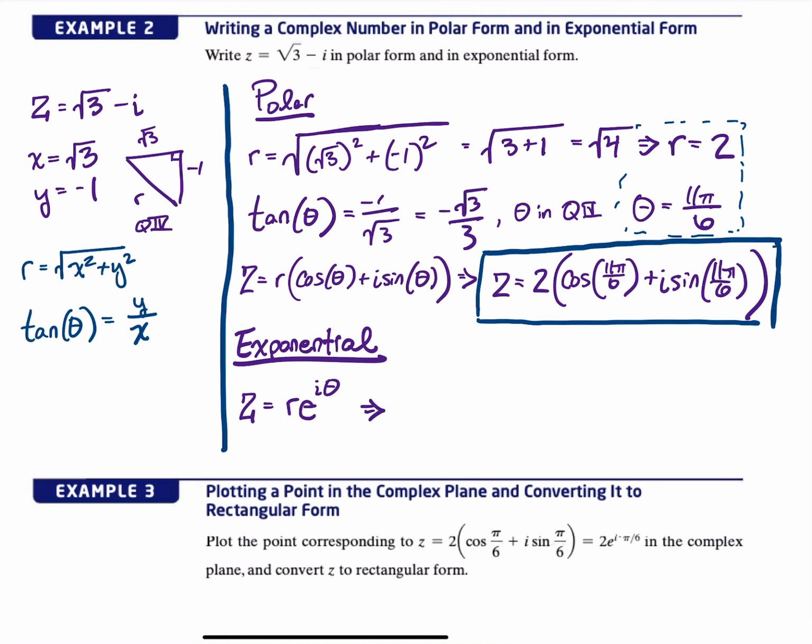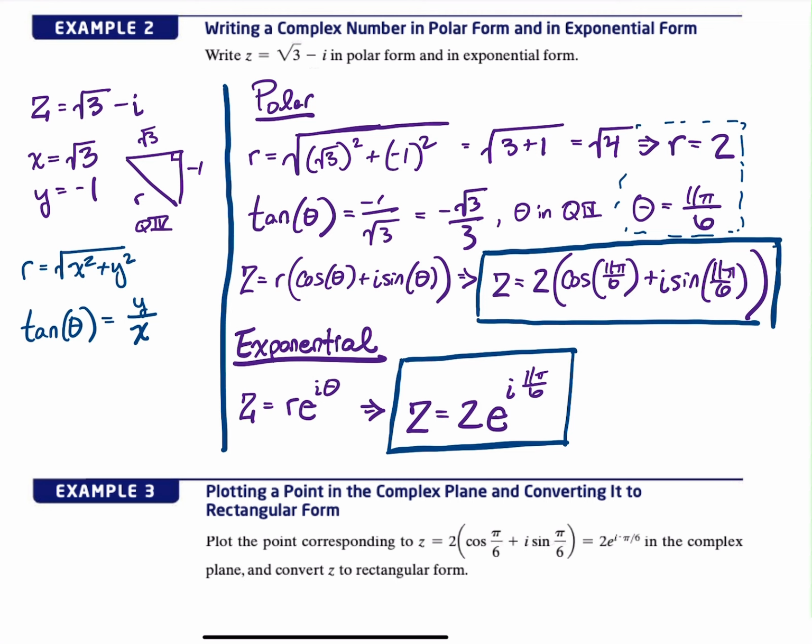So that means our exponential form should be z equals 2 times e to the power of i times 11 pi over 6. So once we find r and theta, we just need to plug into the respective formula, depending on if it's asking for polar or exponential form.